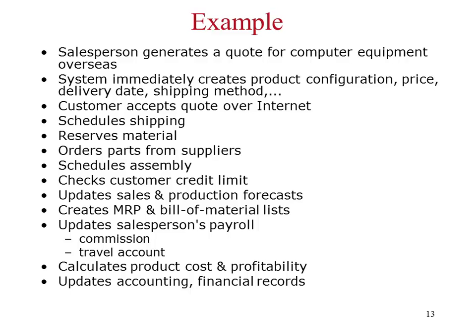Then it can do other things, right? Check the customer limit, update the forecast, maybe the production schedule. It will create MRP. What is MRP, by the way? Material requirement planning.